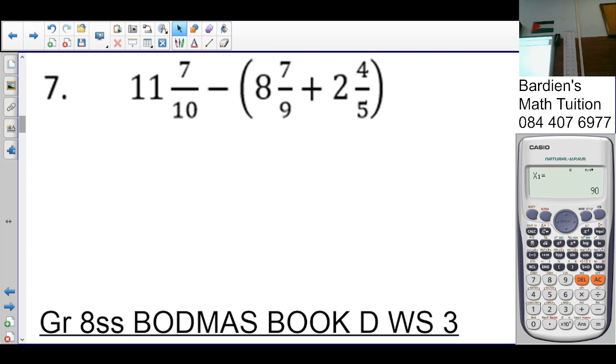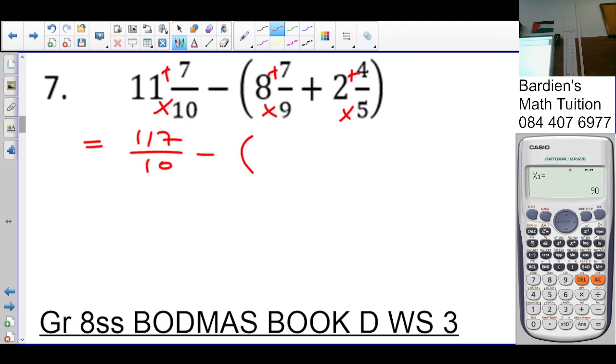Right, let's look at number 7. What do we do first? Improper fraction. Multiply. Multiply and multiply. So it's going to give you 117 over 10. Is that correct? Minus 72 is 79 over 9. Plus 14 over 5. Is that correct? What do I have to do first?